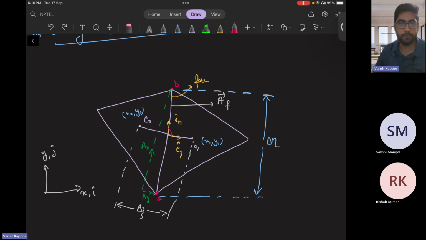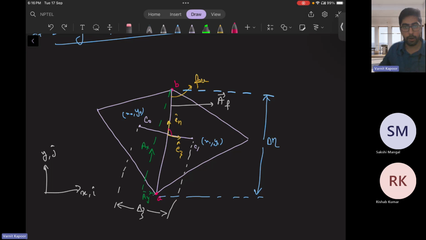We cannot work with dou phi by dou x, dou phi by dou y because phi values are stored only at the cell center. So if we can calculate the gradient in the zeta direction, that is a better way to work, because the zeta direction is connected with C0, C1, where we have the values. Okay, because the mesh is not orthogonal.